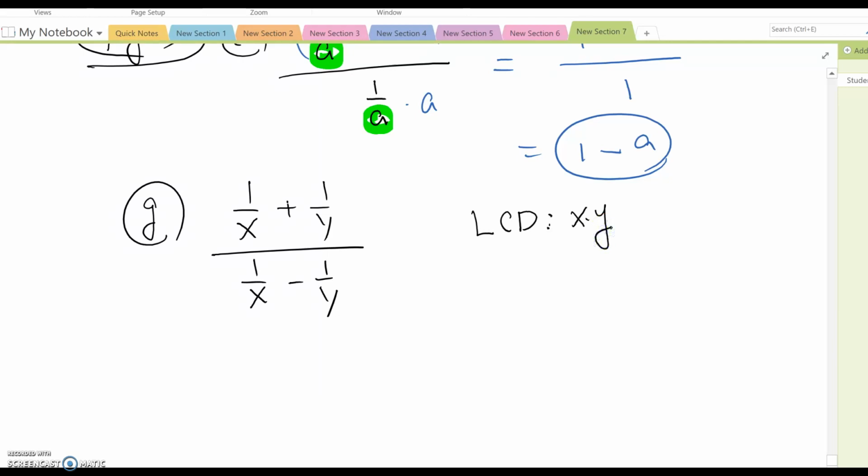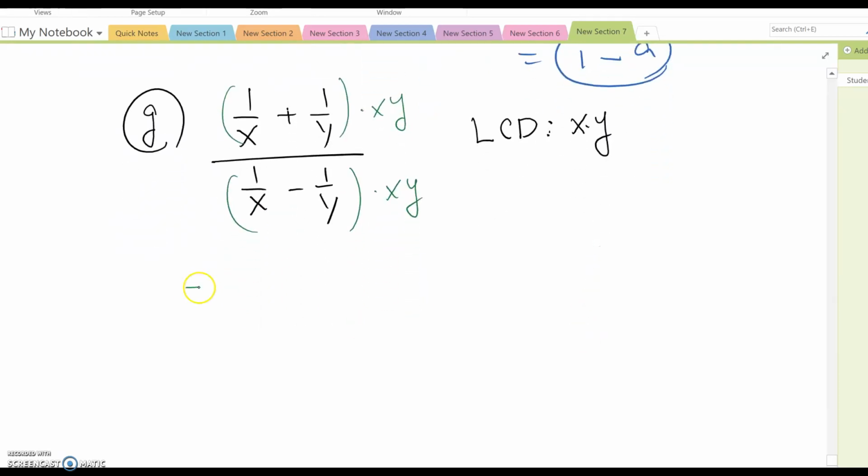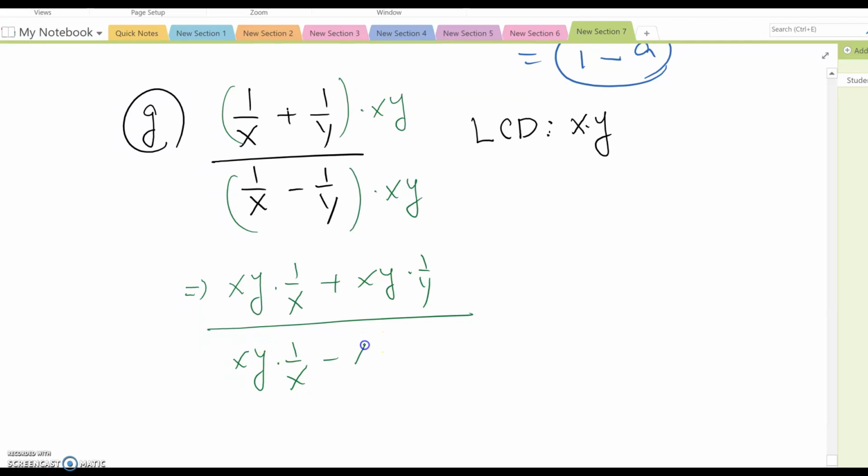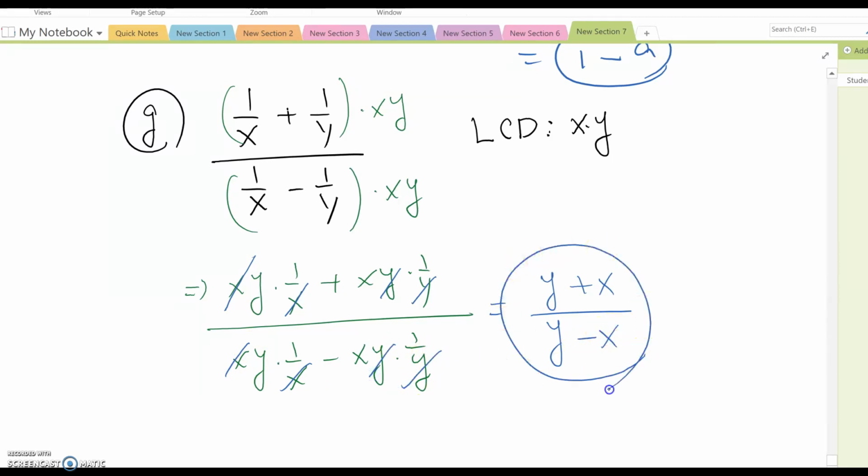And then we multiply this common denominator into all the fractions here. Then this becomes xy times 1 over x plus xy times 1 over y, over xy times 1 over x minus xy times 1 over y. If you simplify that, then it becomes y plus x over y minus x. That will be the answer for this letter.